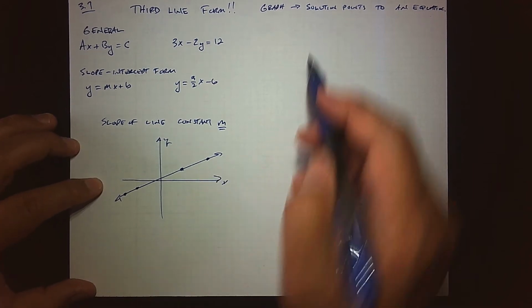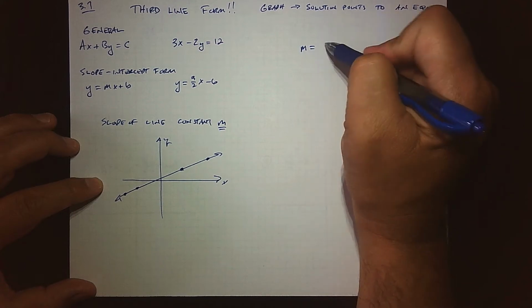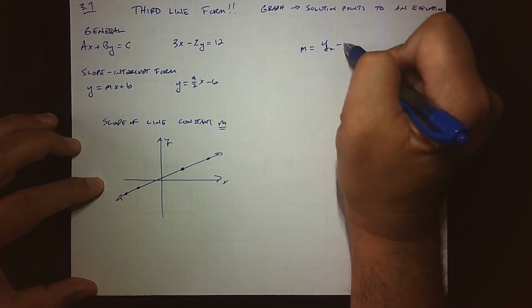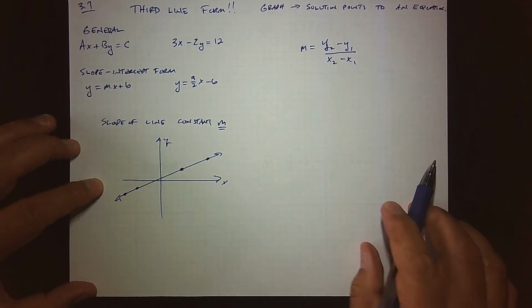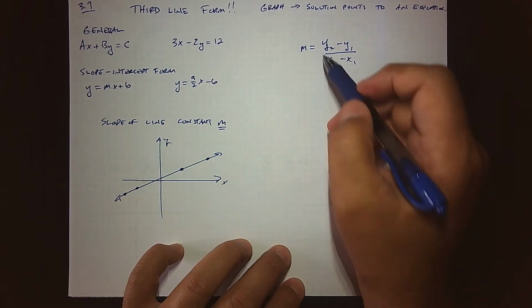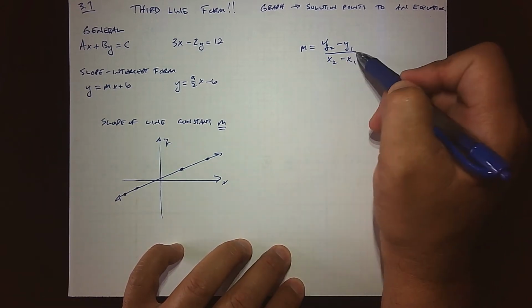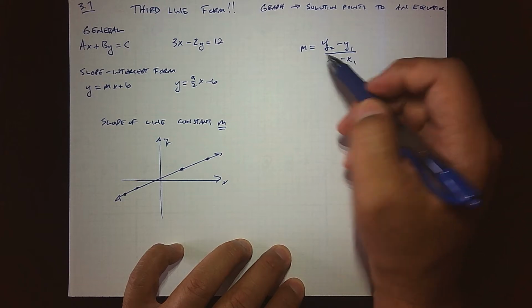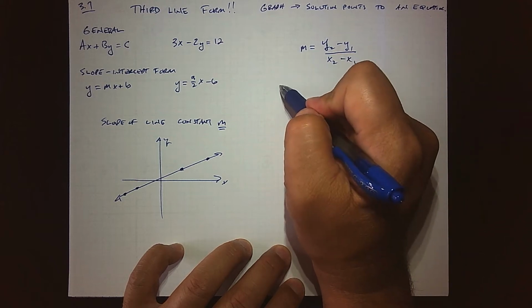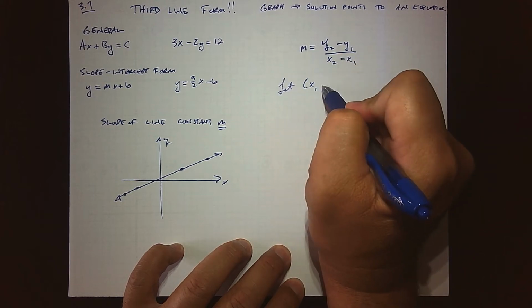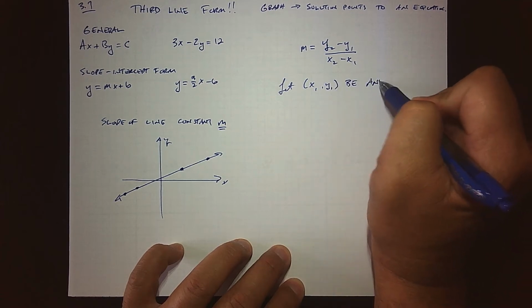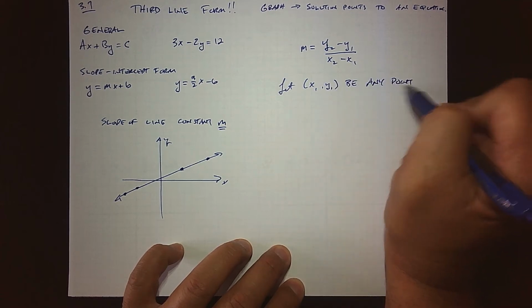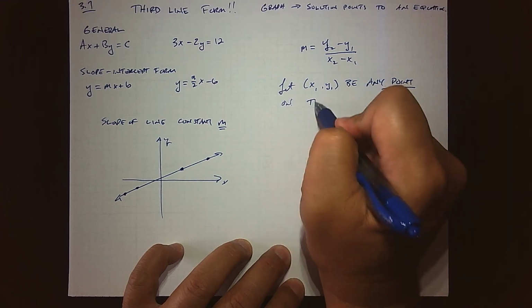We know that the slope formula is y2 minus y1 over x2 minus x1. And again, this is constant no matter how I calculate it. So what we're going to basically do is let x1 and y1 be any point on the line.